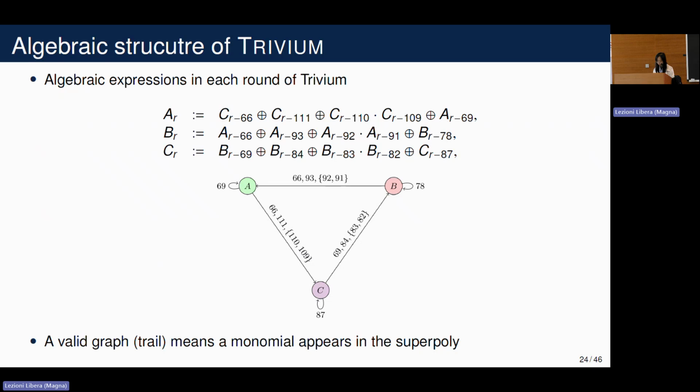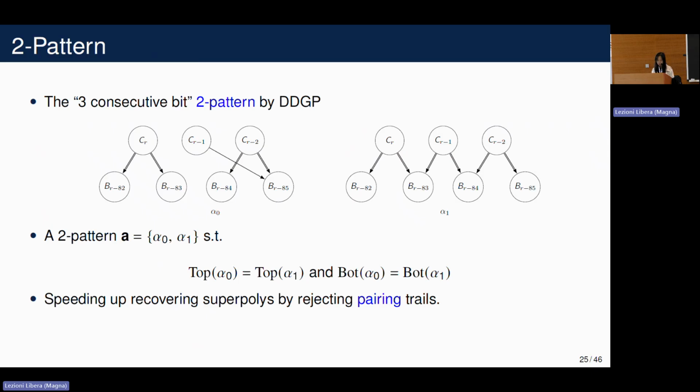A valid graph means a monomial appears in the superpoly. DDGPs also propose three-consecutive-bit two-patterns. A two-pattern has two subgraphs with the same top vertices and bottom vertices. So we could reject pairing trails to speed up the recovery of superpolys.